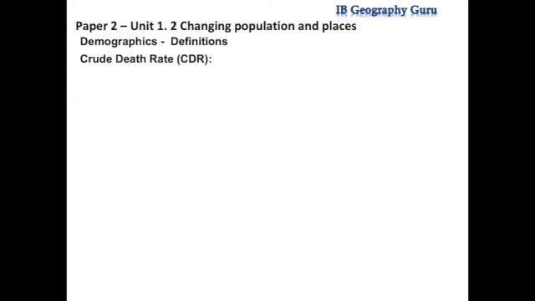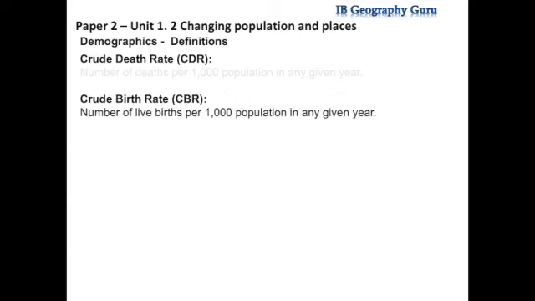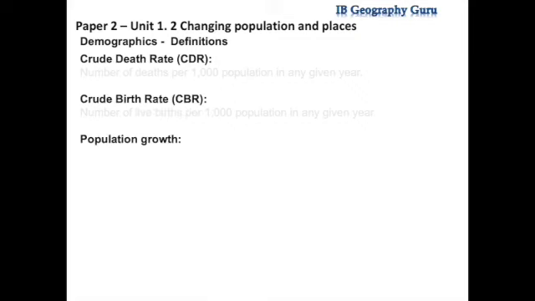So first of all, the CDR, or the crude death rate. Simply the number of deaths per 1,000 population in any given year. The CBR, which is the crude birth rate, is the number of live births per 1,000 population in any given year. Population growth is the increase in population size over time.